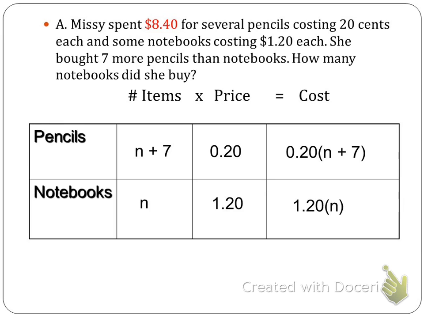So that would give us the cost. So this times this gives us the cost, right? So after you find these 2 columns, the number of items, the price per item, you just multiply those together to get the cost. Any questions?